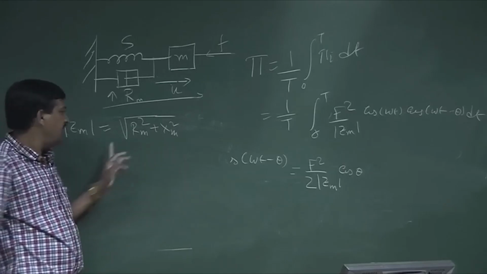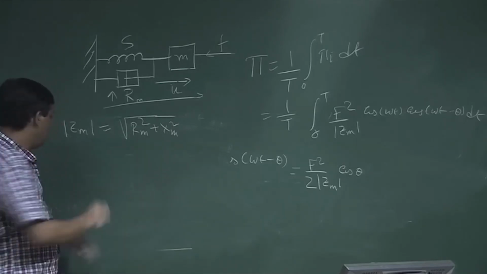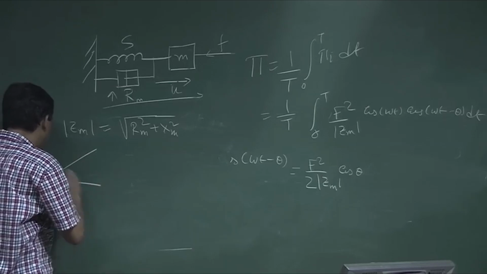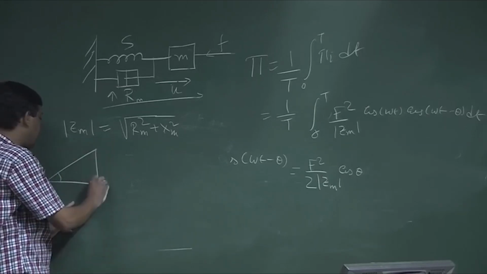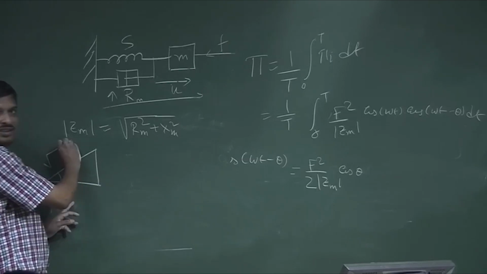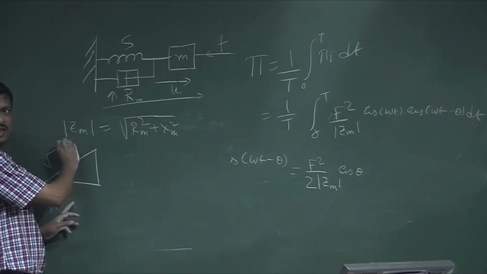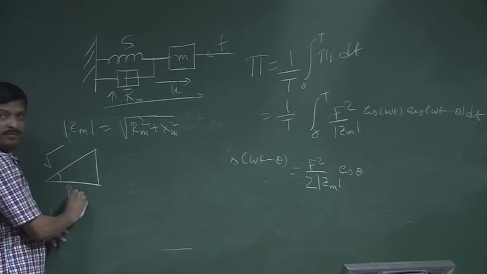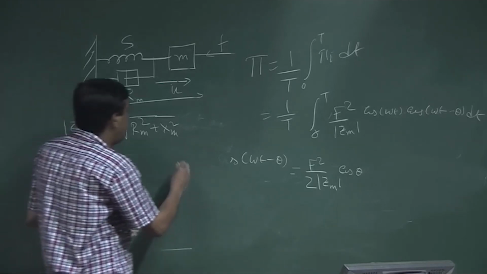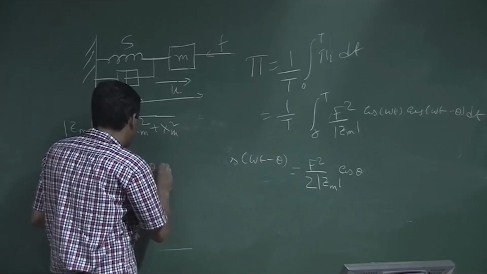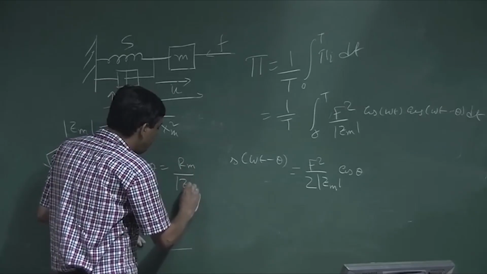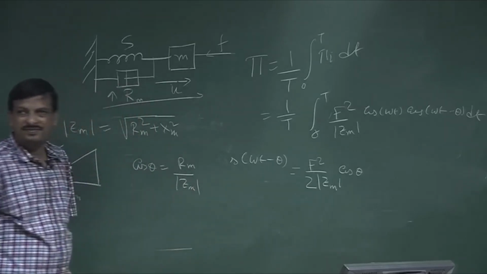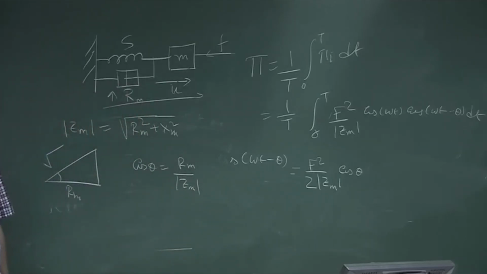So, theta is the angle between the force and velocity, which has a hypotenuse, and the base is nothing but Rm. So, cos theta is nothing but Rm by mod of Zm.